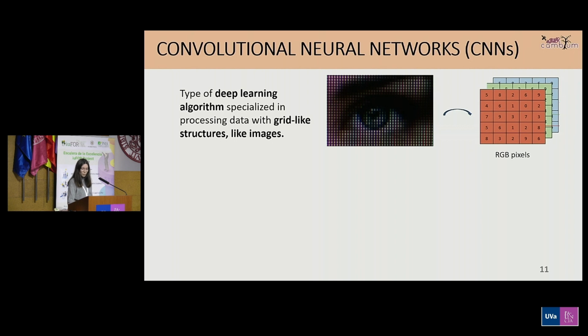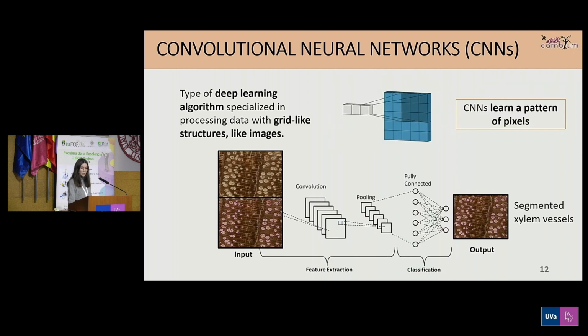Knowing this, what we do is feed a neural network with images of tree cores: first, original images without vessel segmentation, and then images with segmented vessels. The network analyzes overlapping sections of these images to extract a summary of features.